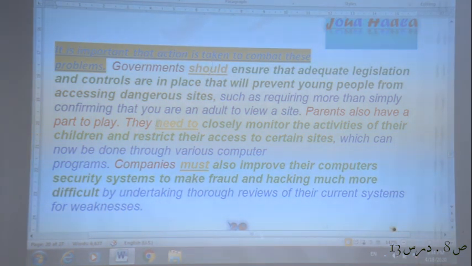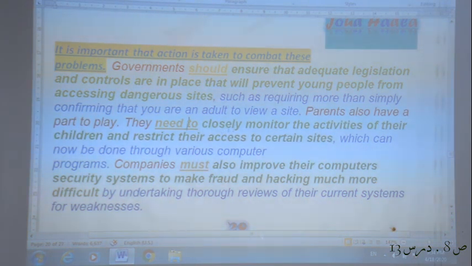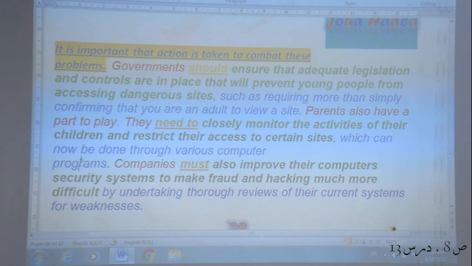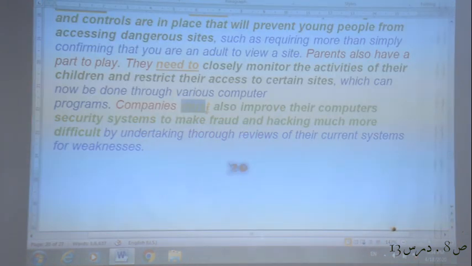They need to pay attention to these modal verbs. They need to closely monitor, closely watch, carefully observe the activities of their children and restrict their access to certain sites, which can now be done through various computer programs. So how? By various computer programs that help them to watch their children.